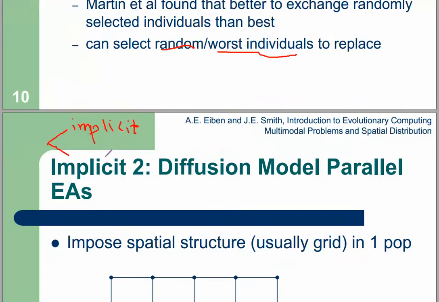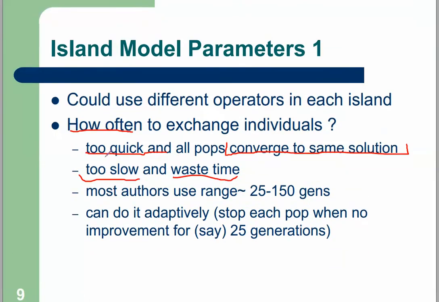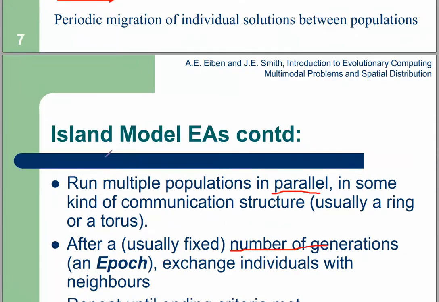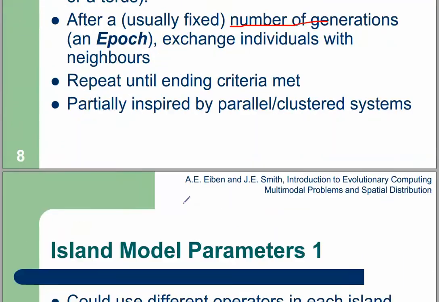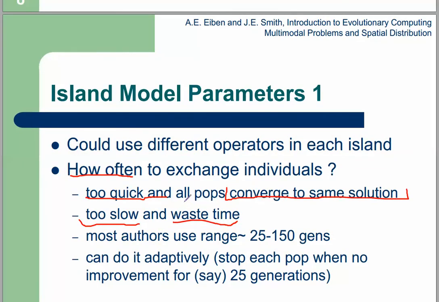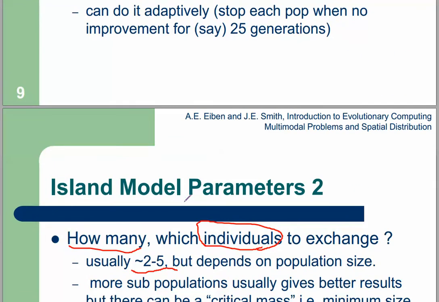First of all, we want to explain the implicit. One of them is the island model. The island model is one of the implicit methods of solving the problem, to avoid decreasing the diversity.